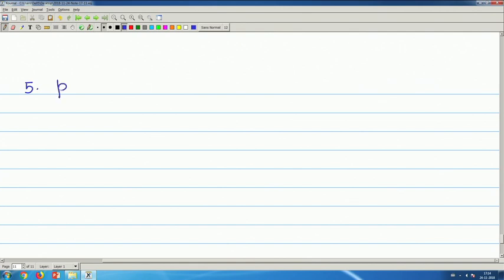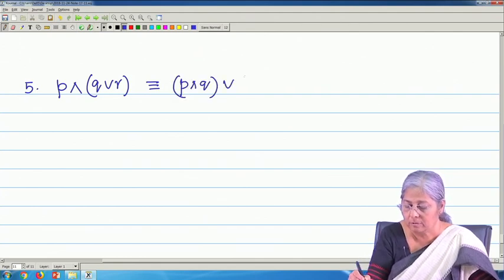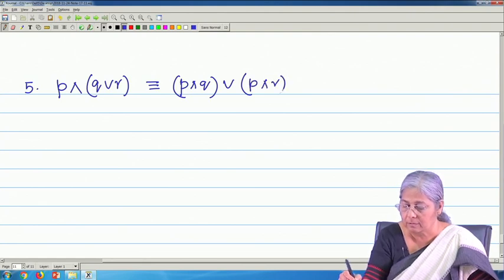We have P, Q, R. So, we take P and (Q or R), which is equivalent to (P and Q) or (P and R).